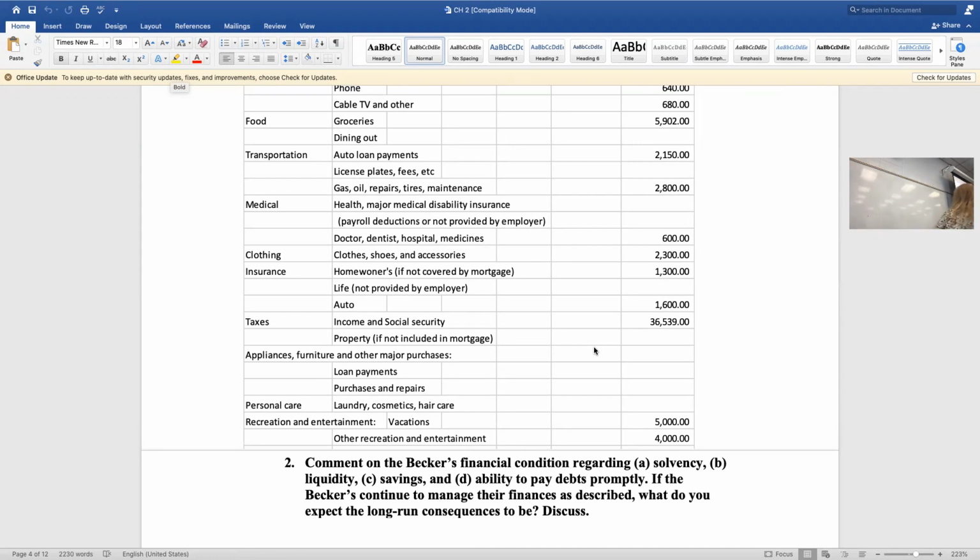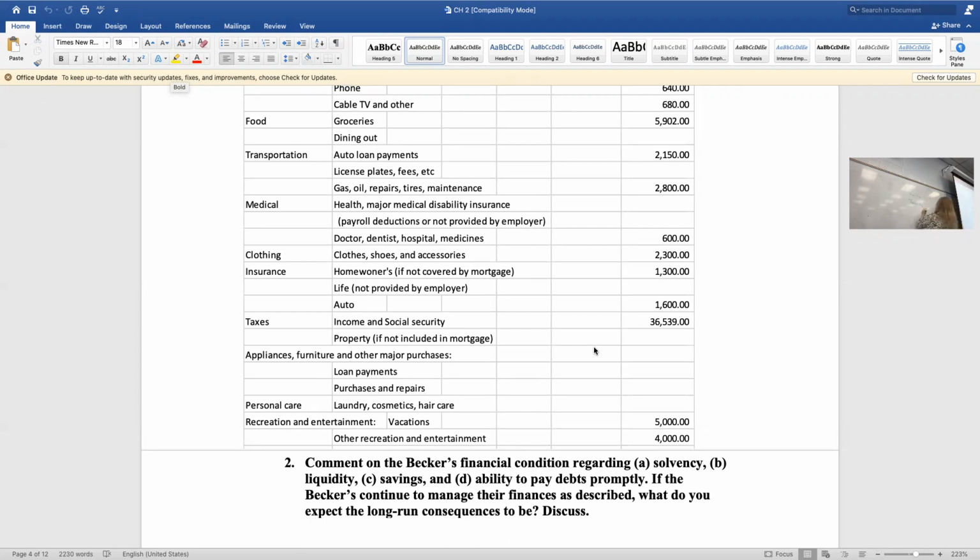So the total expenses should have been $86,739. Total income is $118.